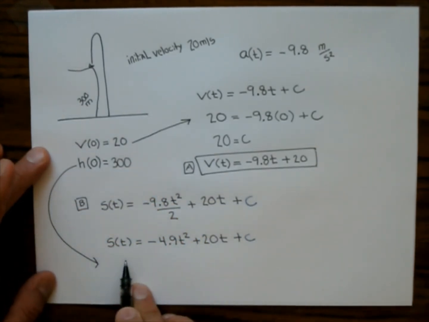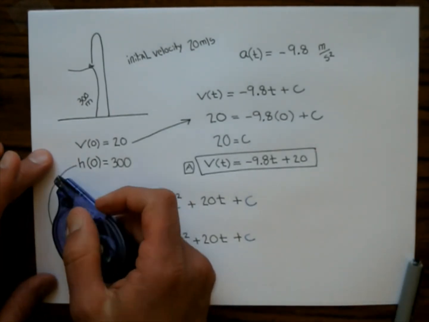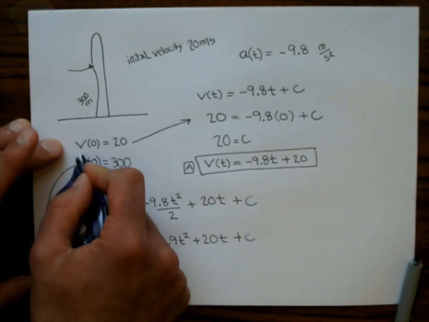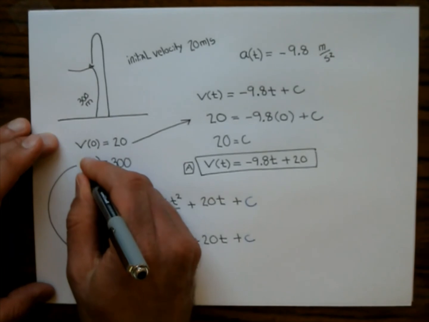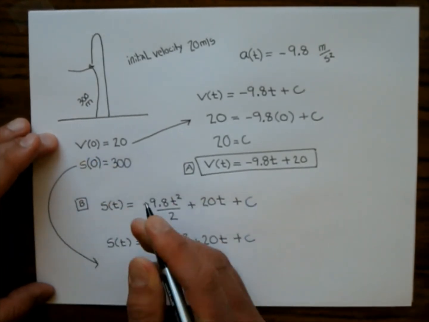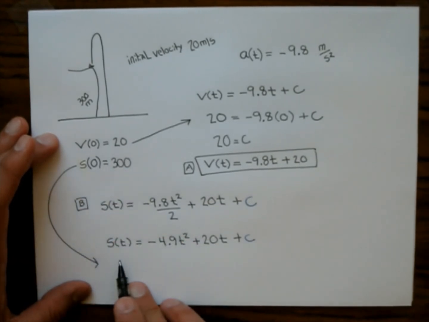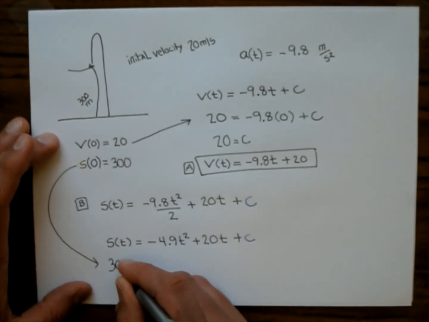So we're going to go ahead and plug that into this. So, oh, I used an S. I actually should use an S. Okay, so I'm calling it the height. We don't want to switch around the function name, so this is S of 0. Okay, so we could say that S equals 300 when time is 0. So that's what I'm going to do. S equals 300.